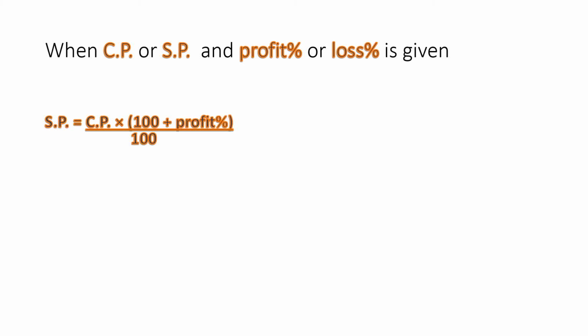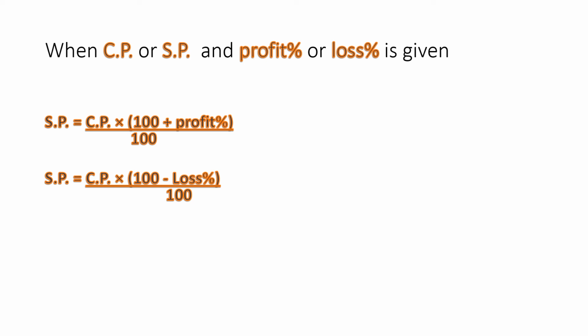So the formula for how to calculate SP if CP and profit percent are given is CP into, in brackets, 100 plus profit percent upon 100. Now if loss is given, then SP is CP into 100 minus loss percent in brackets upon 100.